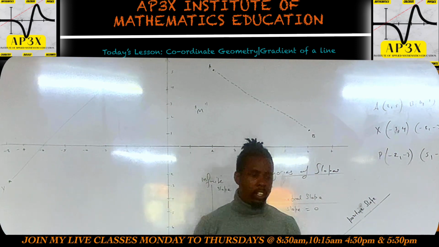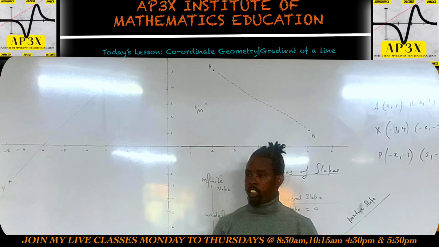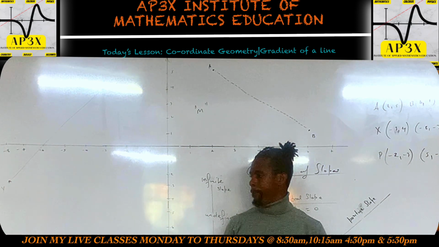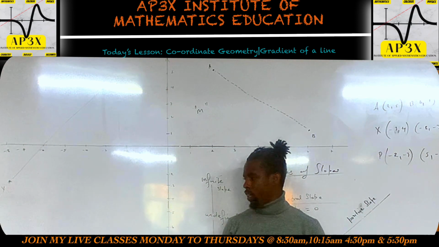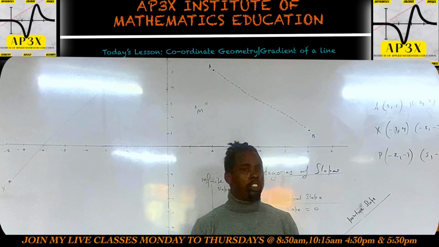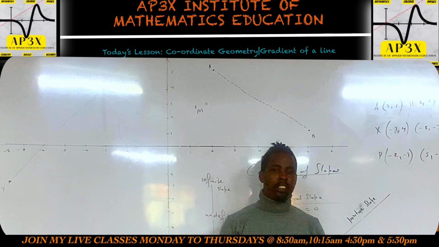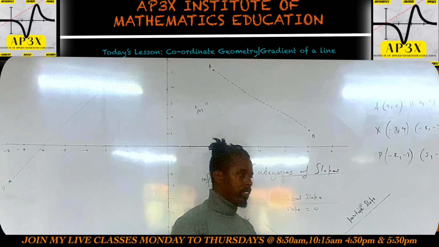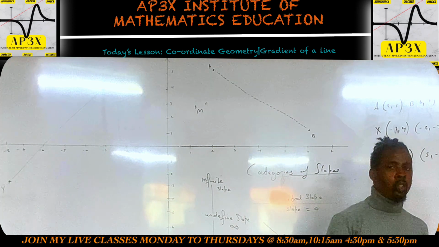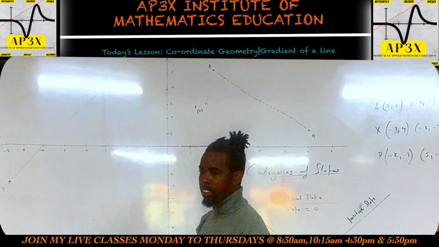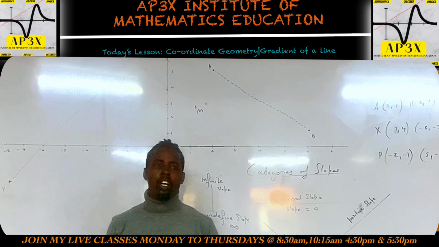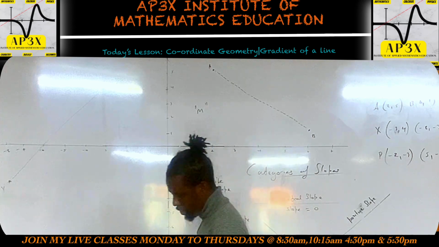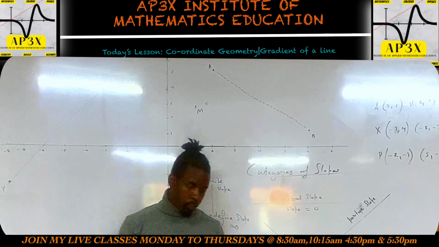Alright, so write this down for me. You can write at the back of the graph or in your book, it's up to you. There are 2 calculative methods for the gradient.